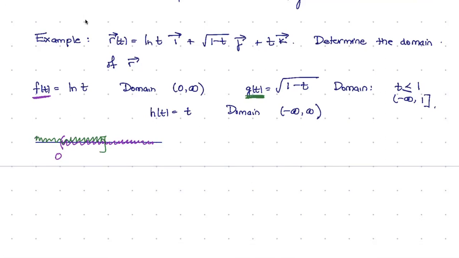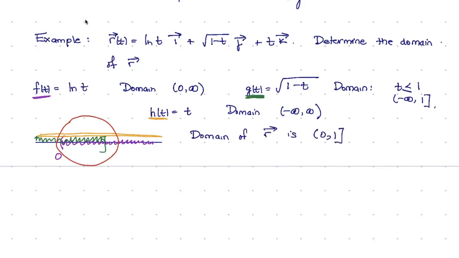And for h, we know that we're going through the entire number line. Where those all intersect is in this region right here, between 0 and 1. And so the intersection is going to be the following, and it will give us that the domain of r is 0 to 1 inclusive.